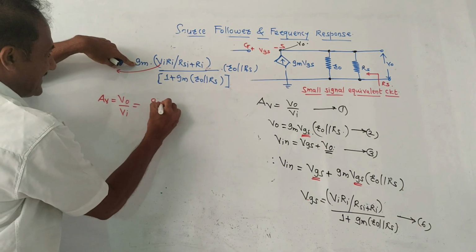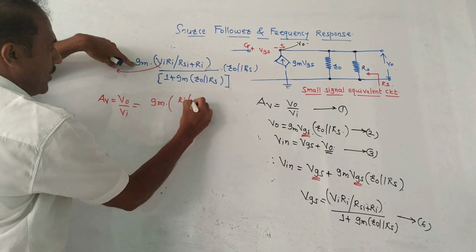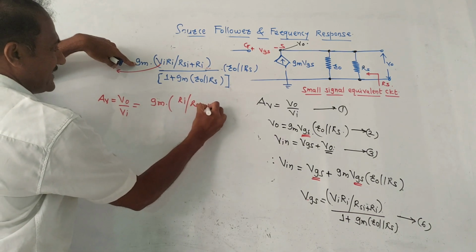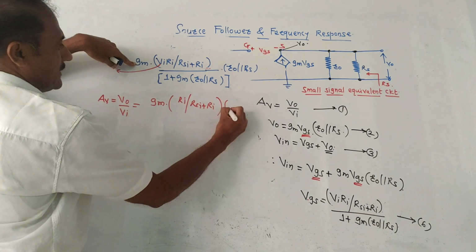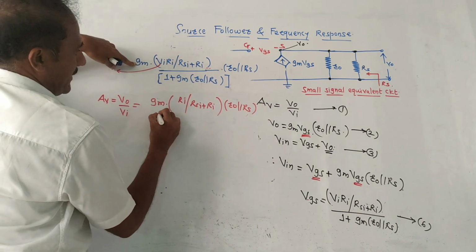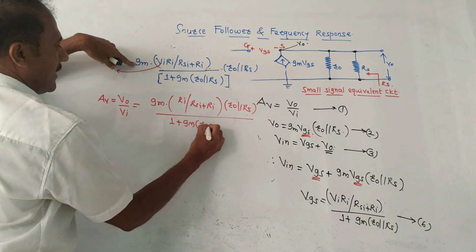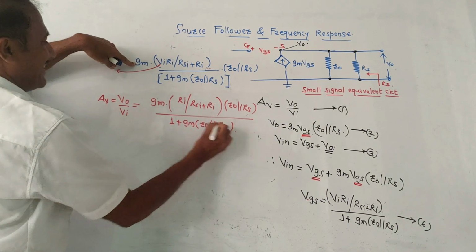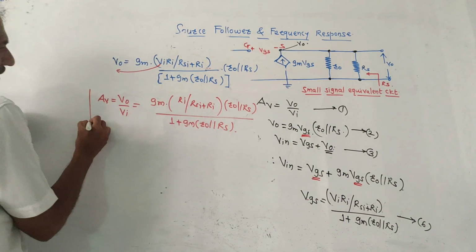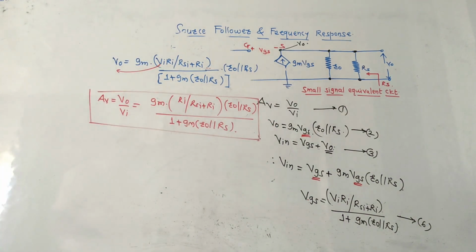Remaining terms will be as it is: GM in the bracket RI upon RSI plus RI, bracket close, second bracket R0 parallel RS divided by 1 plus GM R0 parallel RS. So this is the final expression of voltage gain for source follower or common drain amplifier circuit.